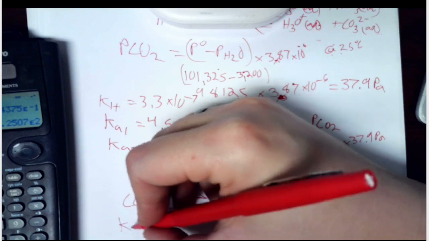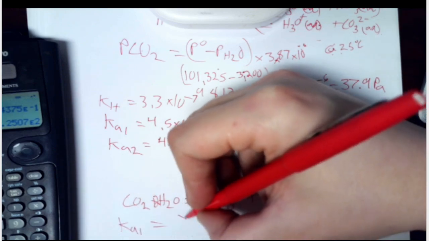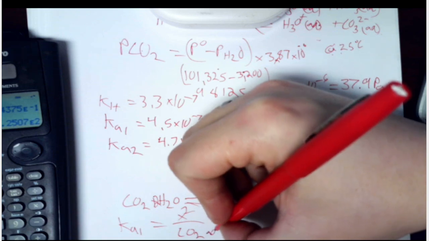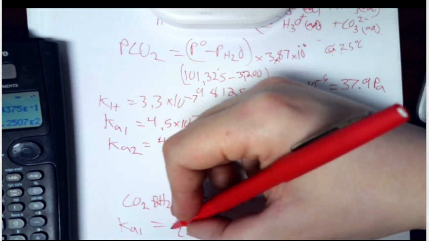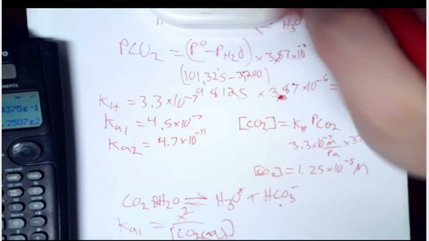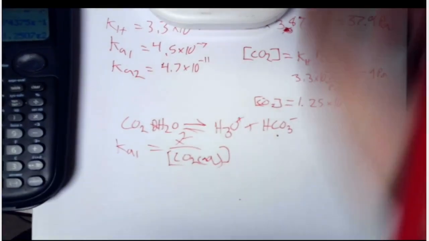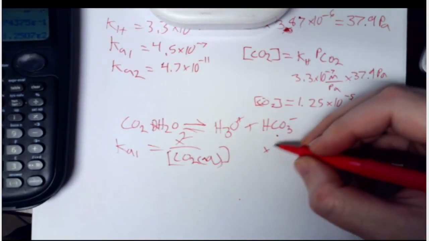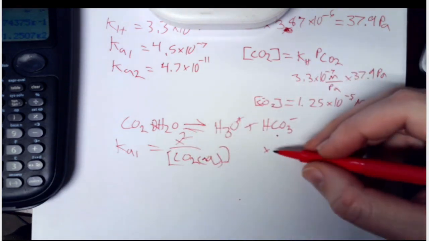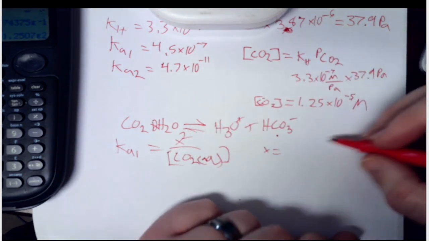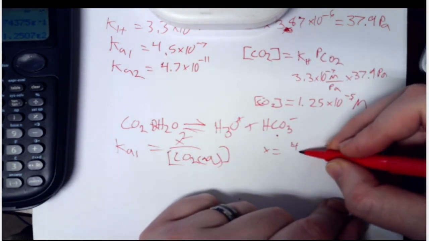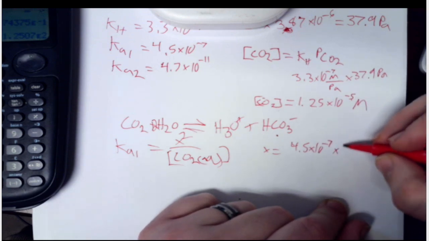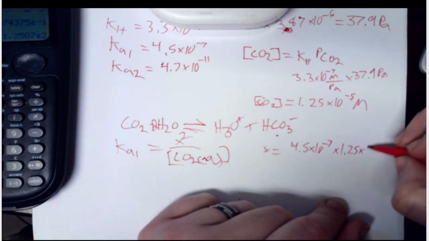We can say that Ka1 is equal to x squared over our CO2 aqueous. Since we know Ka1 and we know our CO2 aqueous, we can find our x. So x equals the square root of 4.5 times 10 to the negative 7th times 1.25 times 10 to the negative 5th.